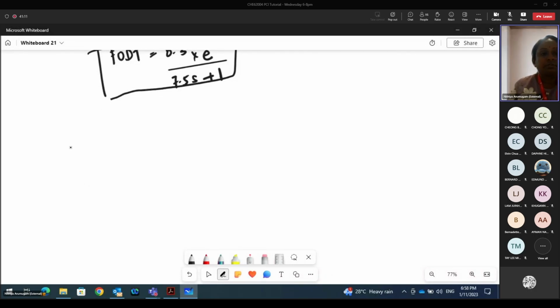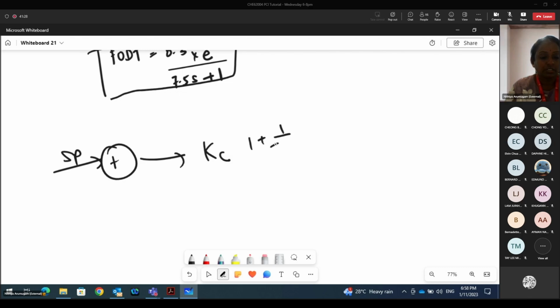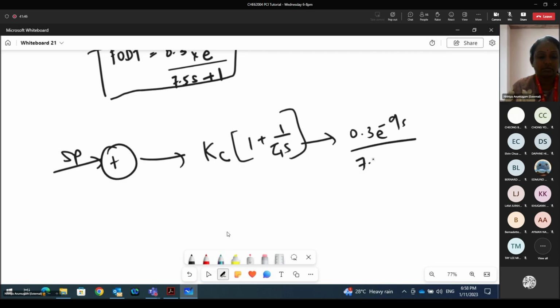All right. So the first input of any block diagram will be the set point. Okay. So we will be having a controller, which is the PI control, 1 plus 1 over tau 1 s. And we will be having the FODT function also. And this will be the reactor effluent composition.